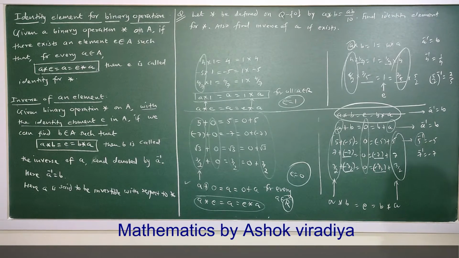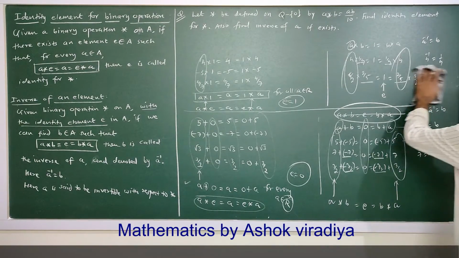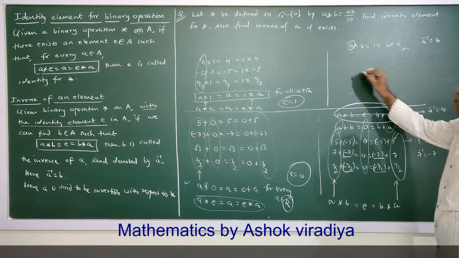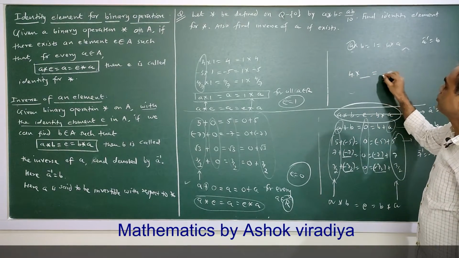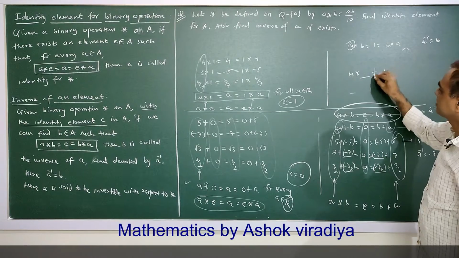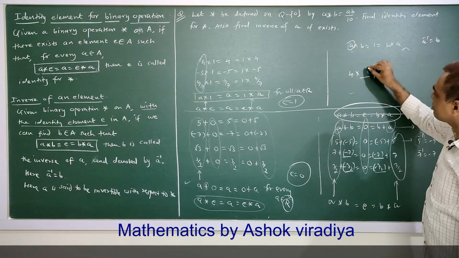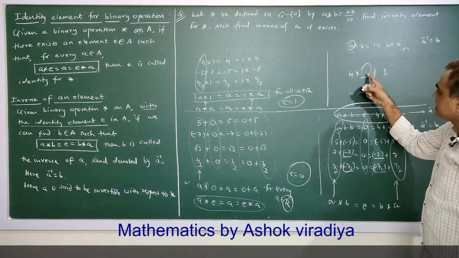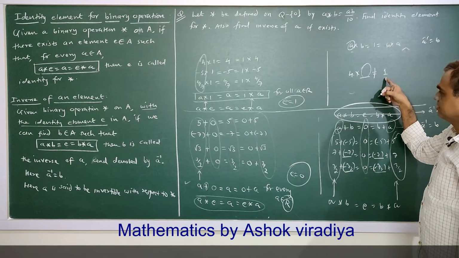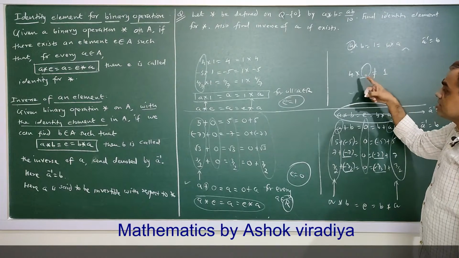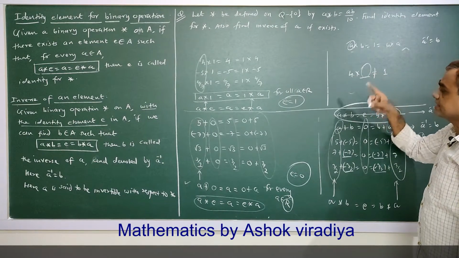Sometimes it happens that 4 into something equal to 1, you don't get 1. If there does not exist any number that multiplied with 4 gives the identity, that means the inverse of 4 does not exist.